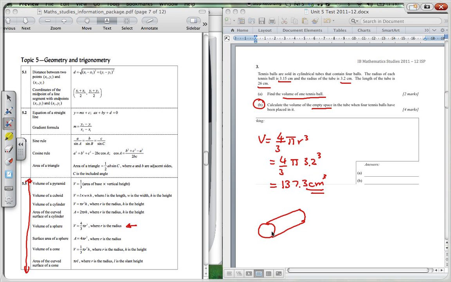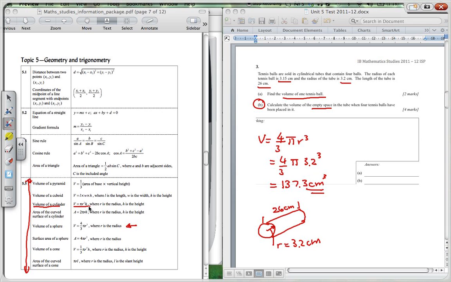So because this has got a radius of 3.2 centimeters, and the length of this is equal to 26 centimeters, we're going to use this volume of a cylinder.